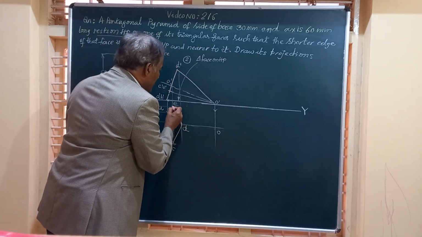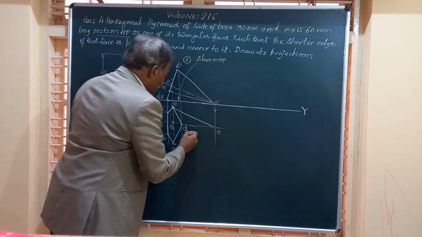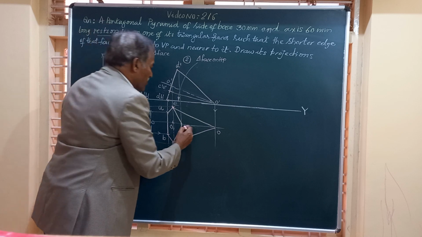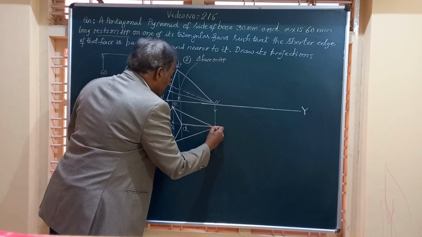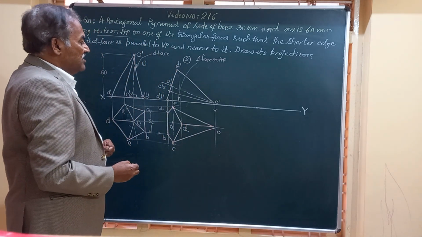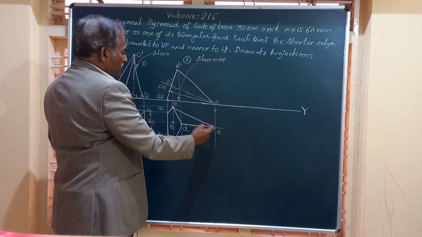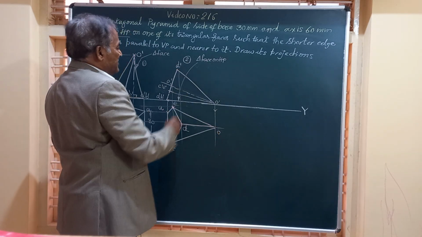Join O to E, O to C, then O to D. Friends, here we have joined E, D and C to O. OE, OD and OC are visible.